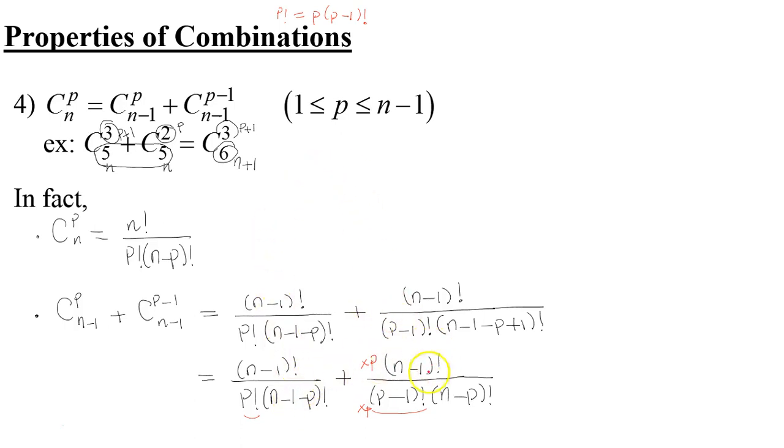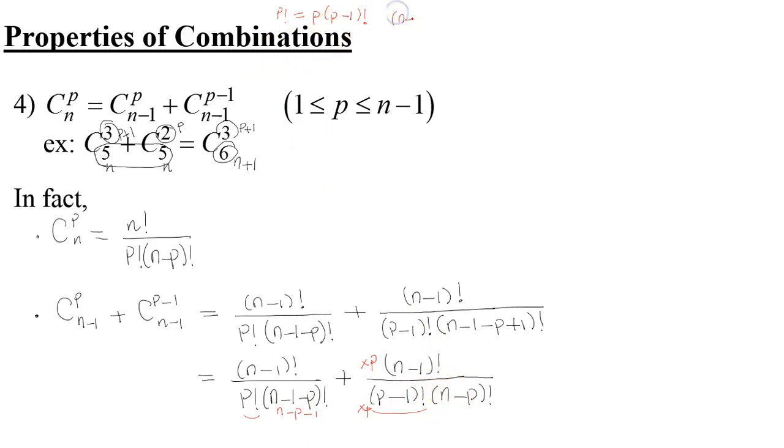Now looking at the other two factors, we have n minus p and we have n minus 1 minus p. Rearranging the terms, n minus 1 minus p is the same as n minus p minus 1, since the sum is commutative. So n minus p minus 1 would in fact be 1 less than n minus p.